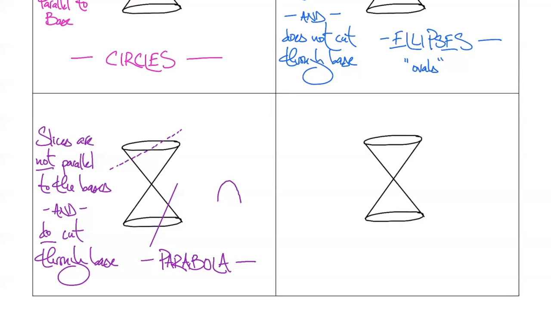All right, we've got one last conic section that we're going to focus on, and that is slices cut through both cones, and we end up with something like this. Right.